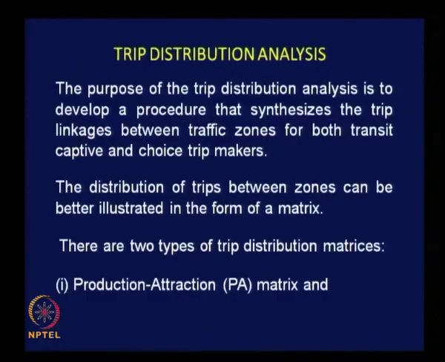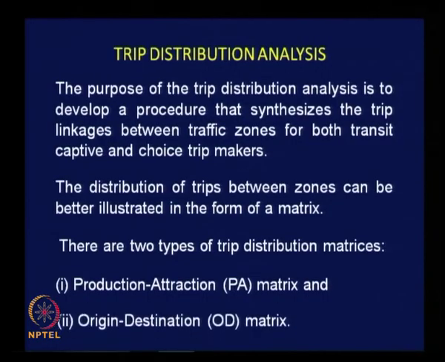This OD matrix can be prepared based on the PA matrix. So we can say here there are 2 types of matrices. Number 1, production attraction or PA matrix. Number 2, origin destination or OD matrix.